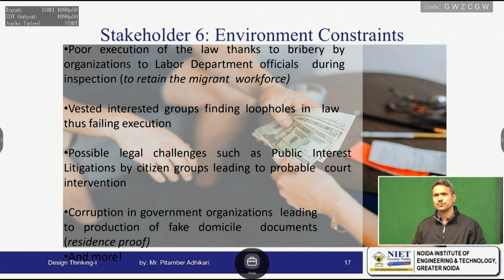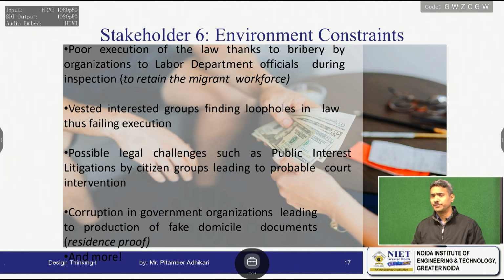And then the last one is environment constraint. There are different constraints when we talk about this particular problem. What can be those constraints, or what are the different hindrances? If this law is not properly executed, then there will also be a problem.